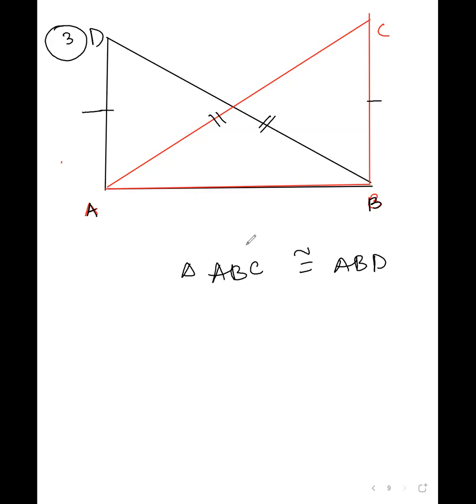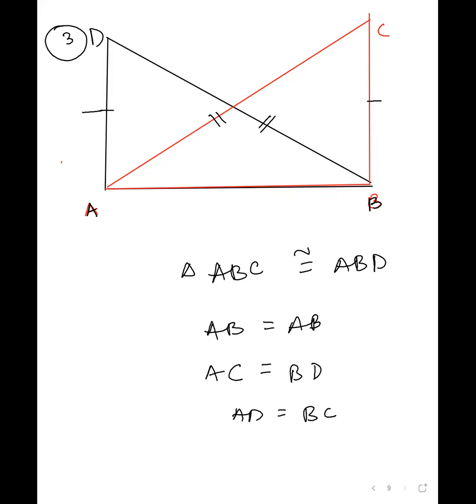So in these two triangles, AB is equal to AB, of course. But over here, AC is equal to BD and AD is equal to BC. So that is why I said the second one, because A is corresponding to B and B is corresponding to A and C is corresponding to D. Very good.